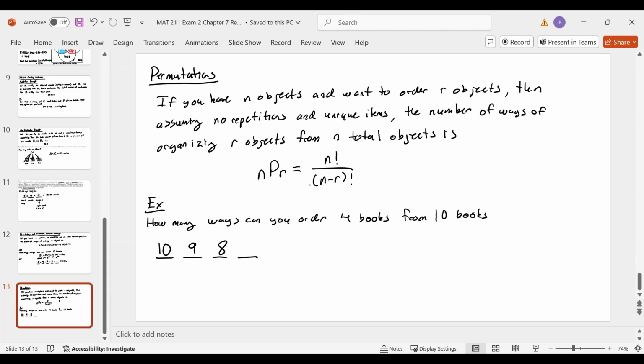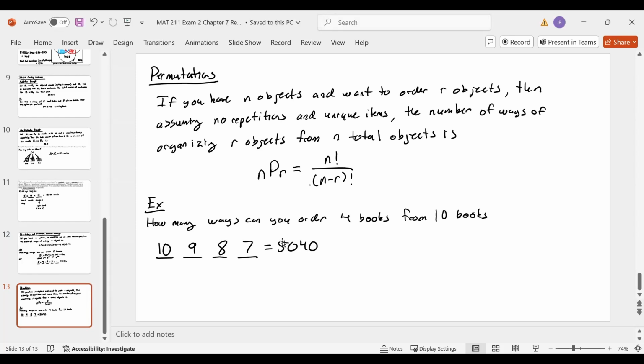How many options do I have left? 7. Okay, so you can't do 10 factorial because 10 factorial would go all the way to 1. So effectively, the answer to this question is just 10 times 9 times 8 times 7. And we get 5040.